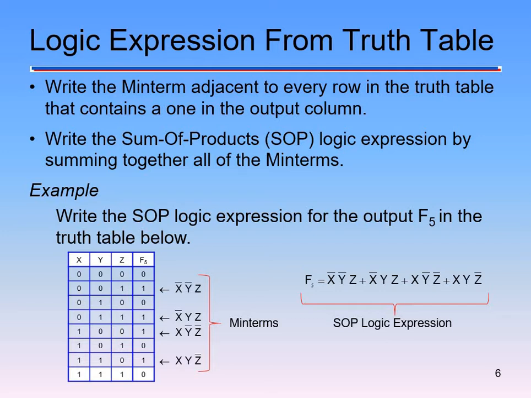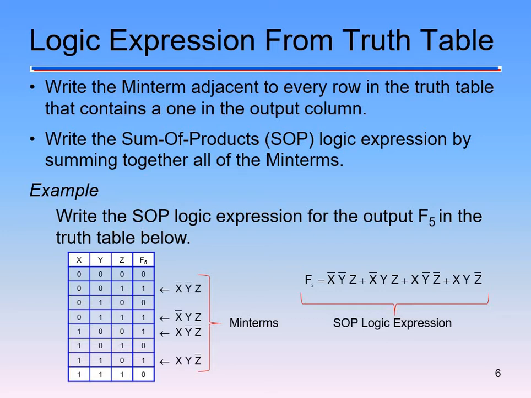So we want to be able to write our logic expressions. We've done a little bit of this in class already. I've shown you how to do this when we started doing some intro to combo logic. We want to write the minterms. The minterms are the expressions we get from the outputs when the outputs are true. So whenever there's an output of a 1, we can write the minterm associated with it.